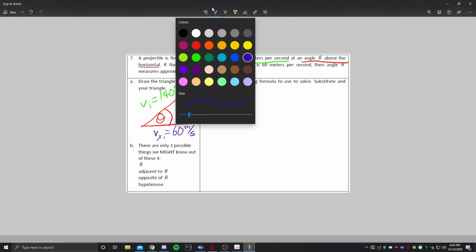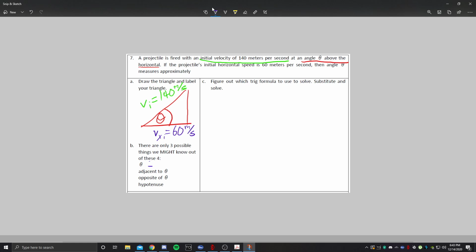This is the same problem as the last one. Our angle is something we want to find. Adjacent is our Vx, which is 60. We don't know what opposite is. Our hypotenuse is 140.